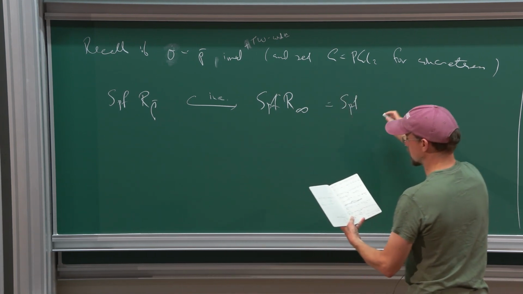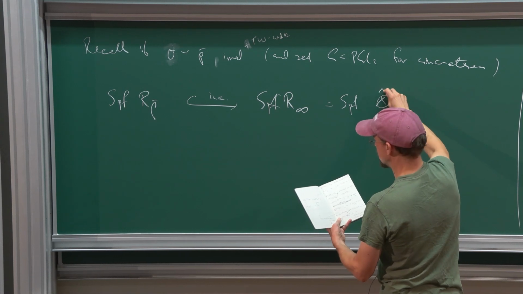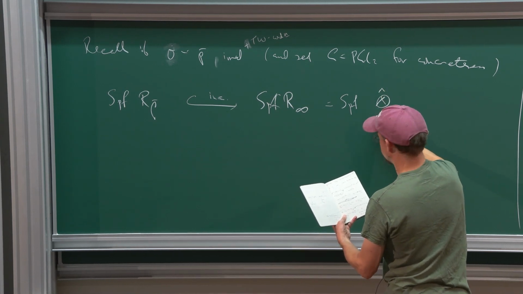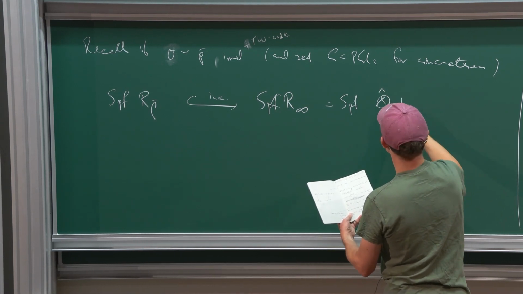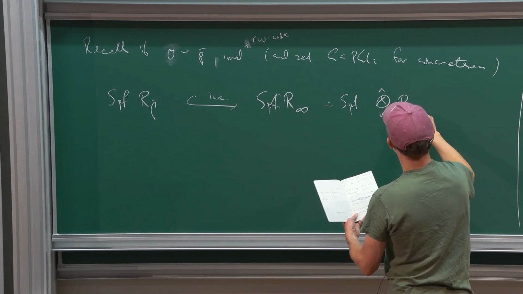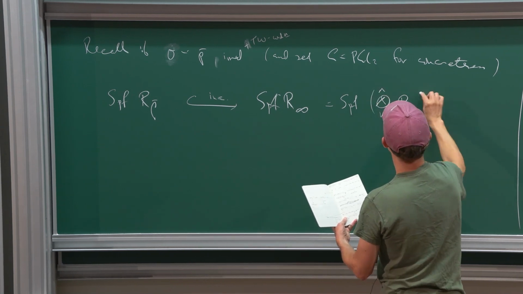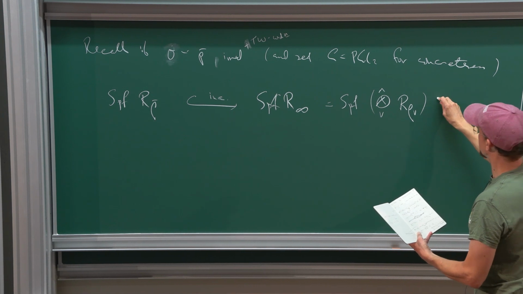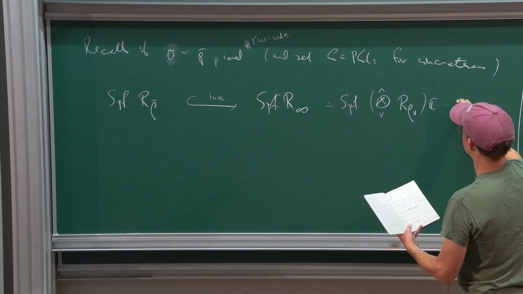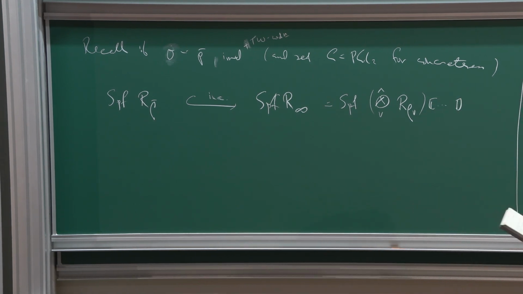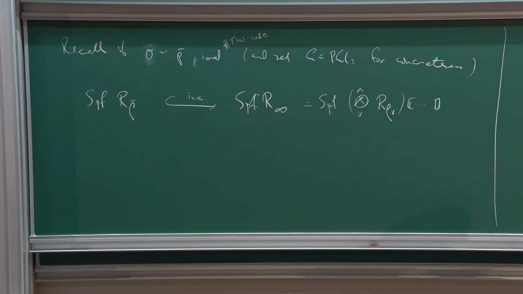And this R infinity is by its construction the tensor product of local deformation rings together with some power series variables, which are neither here nor there.